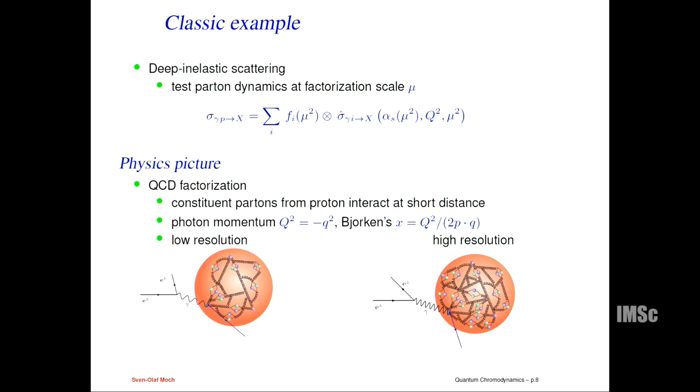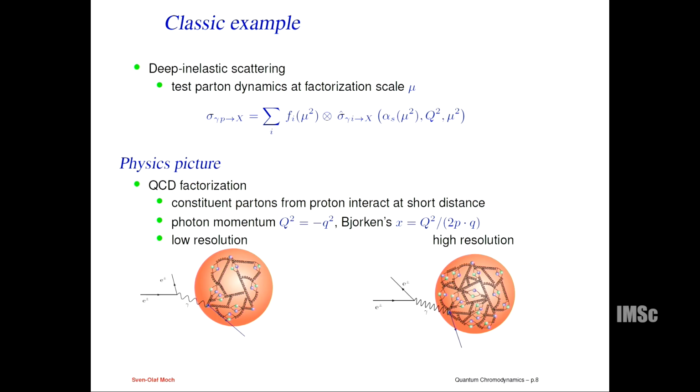And if you increase the photon momentum, you go to smaller scales, you go to higher resolution, so you will be seeing more quarks and more gluons inside the proton. So this is roughly the physics picture that we have here. We are X-raying the proton, and we are putting this in the factorization formula here.